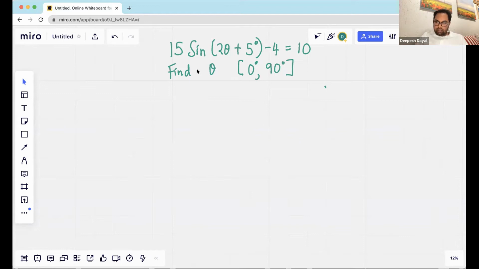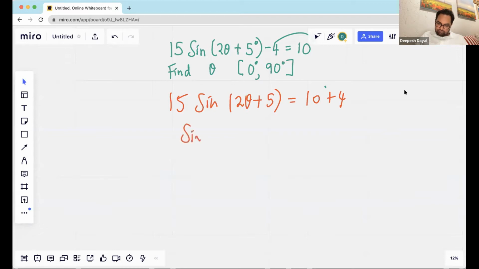Yes, sir. What's the first thing that we do, Solofelo? I took the -4 to the other side. Okay. So let me write it in a different color, Solofelo. So it's 15 sine 2 theta plus 5 equals 10 plus 4. Okay, what do you do next?